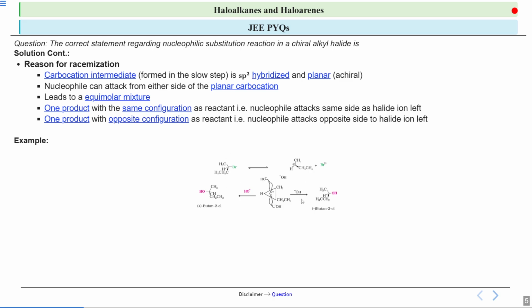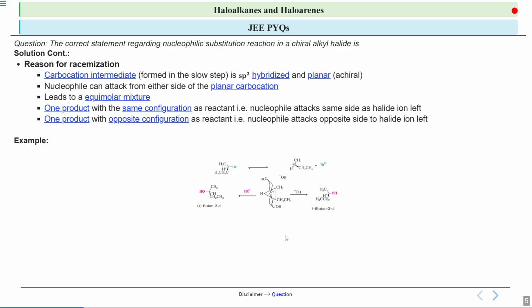Meanwhile, if the nucleophile attacks on the same side as the halide ion left, then you will get this configuration of butan-2-ol, and this configuration is the same as the configuration of the alkyl halide reactant.